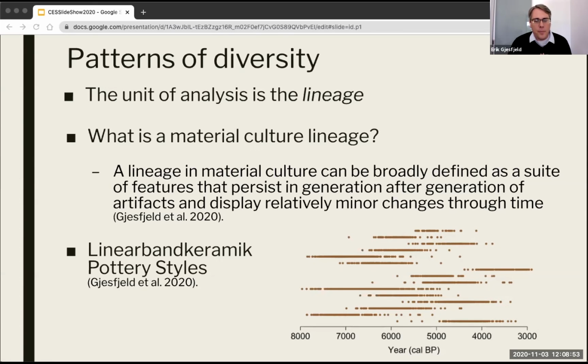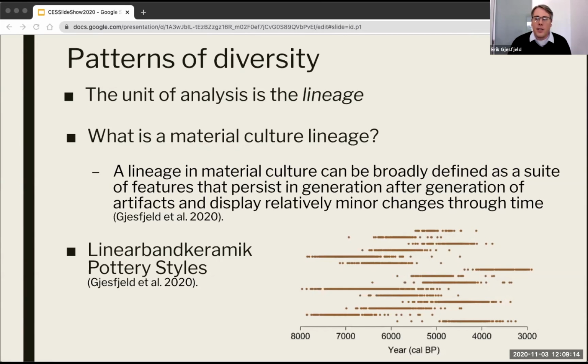For example, in a recent paper that my colleagues and I did, we looked at pottery styles from the Linear Bandkeramik culture of the Middle Neolithic in Central Europe. This is a data set that has been used by a number of evolutionary-oriented archaeologists. For each of these, our lineage was a pottery style.